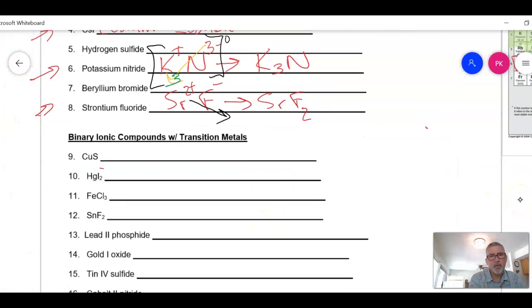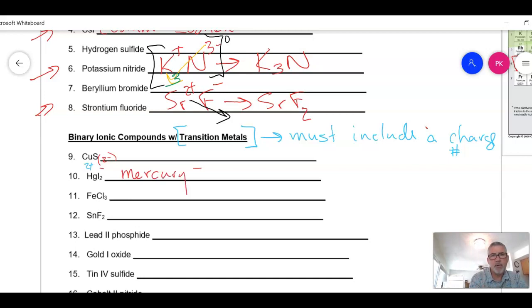Since I have 2 iodides there, I have a total of 2 negative charges. That means mercury would have to have a 2 positive charge. The rule with these transition metals is you must include a charge number. So this would be mercury(II) iodide.